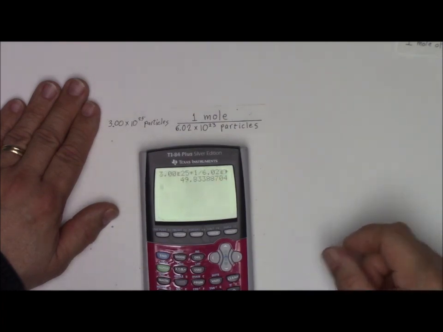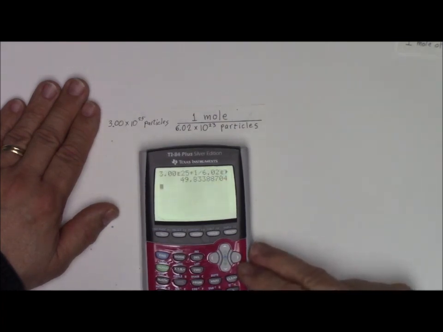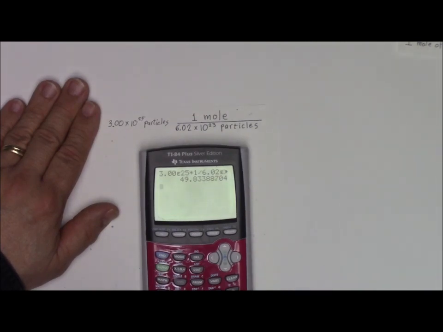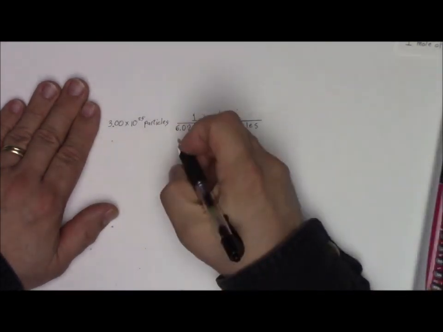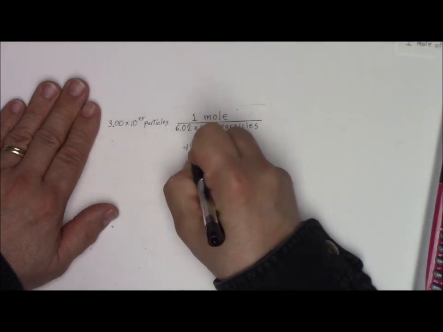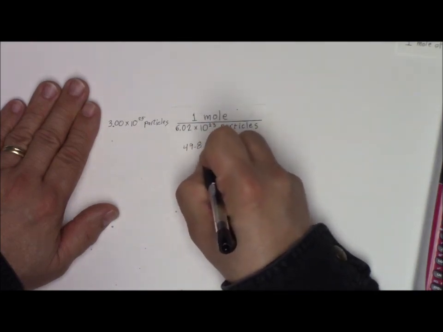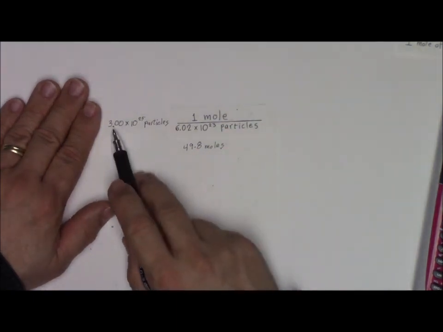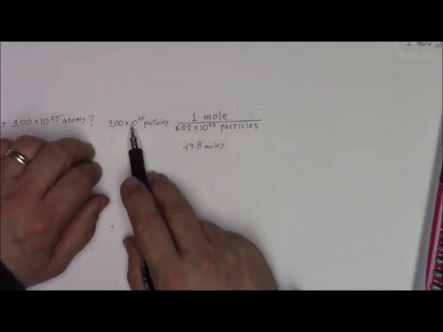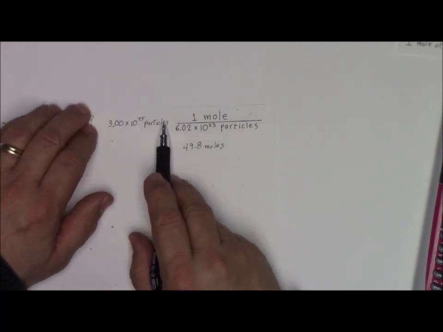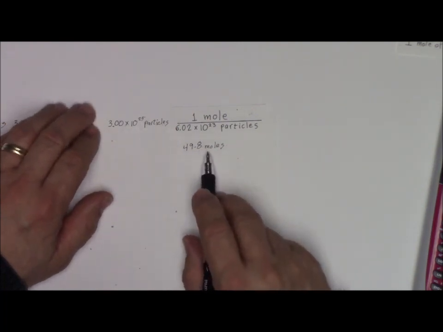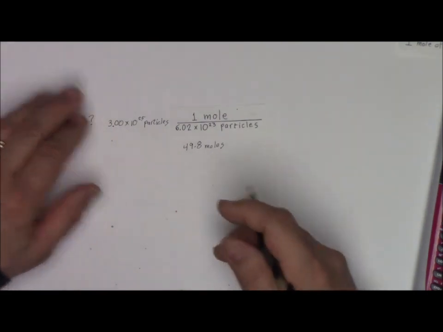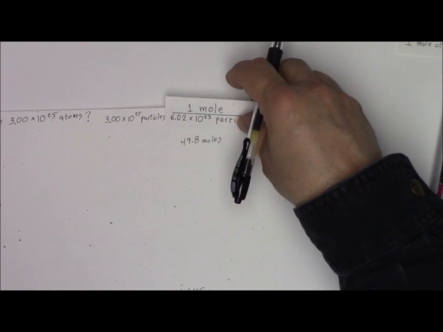Enter. And I get 49.8 moles. So what that means is, if I have 3.00 times 10 to the 25th atoms, that would be 49.8 moles of those atoms. So that's the way it works. Pretty straightforward.